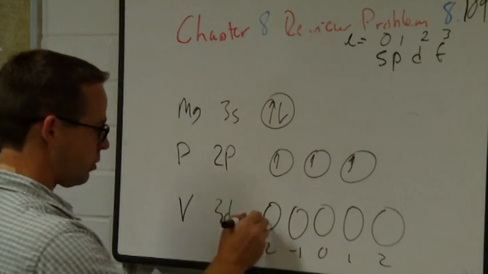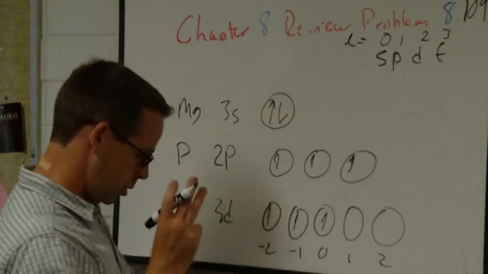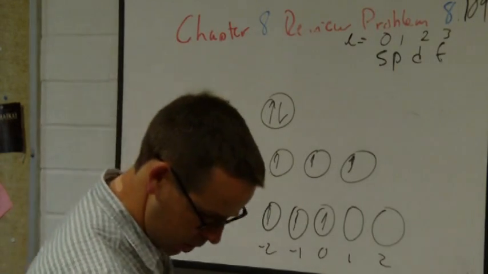And for vanadium, we just have 3 electrons, 1, 2, 3, so that would be 3 unpaired electrons in vanadium.